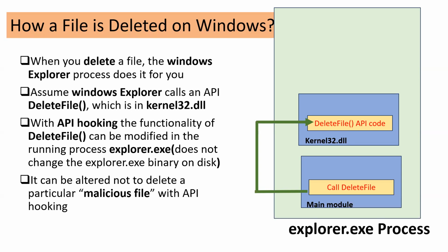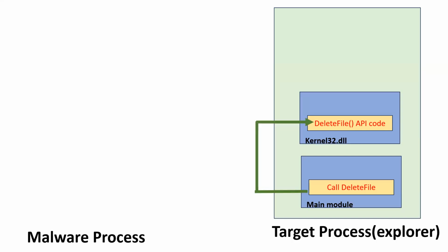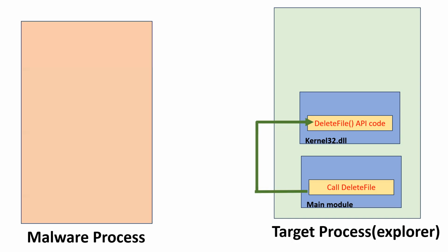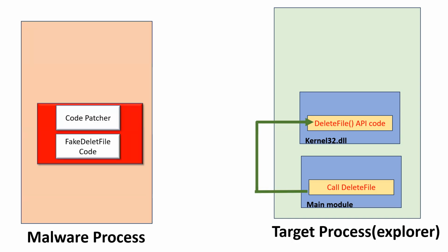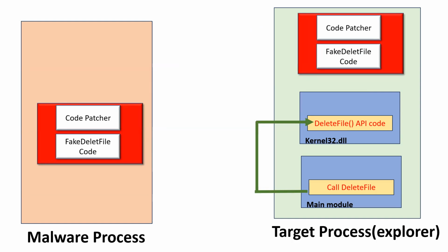So let us look into some more details. Assume that this is the process explorer.exe, which deletes the file by calling the DeleteFile API code, which is implemented in kernel32.dll. Now, here comes a malicious process. Basically, what this malicious process does is inject a DLL into the explorer.exe process.